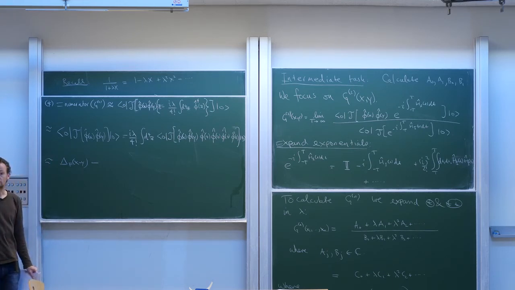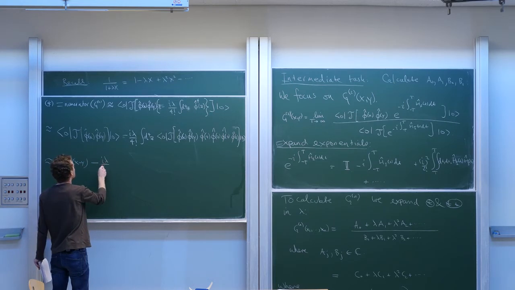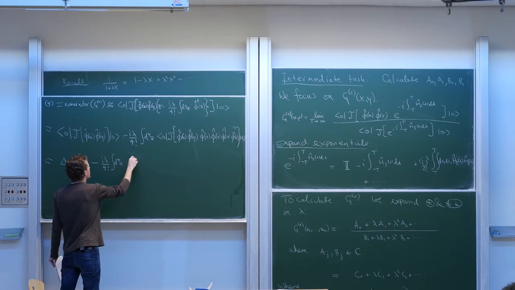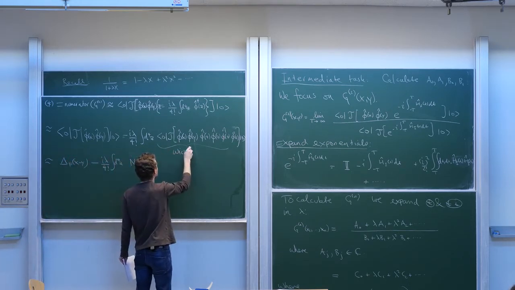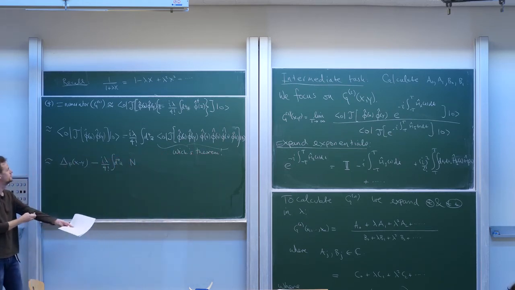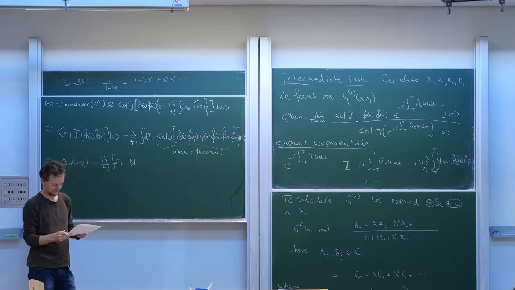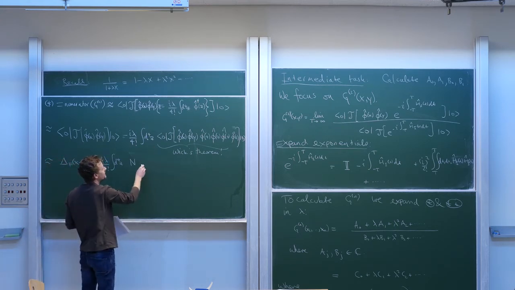To do order lambda, we're going to need Wick's theorem to even actually get any further. And so Wick's theorem tells us that this is equal to the normal ordering of the operators, all these 6 operators.